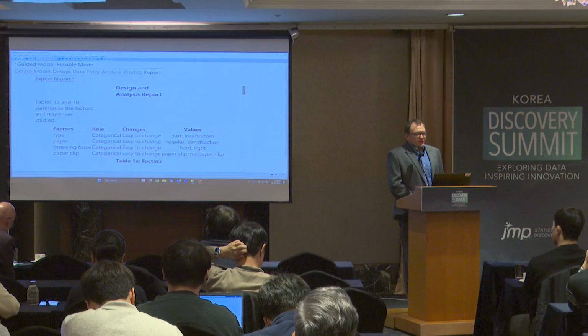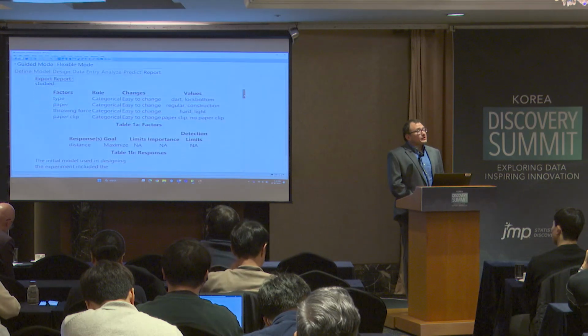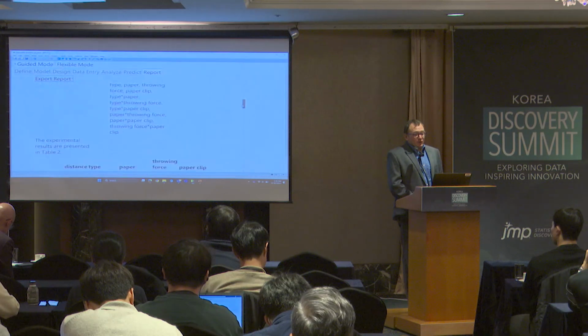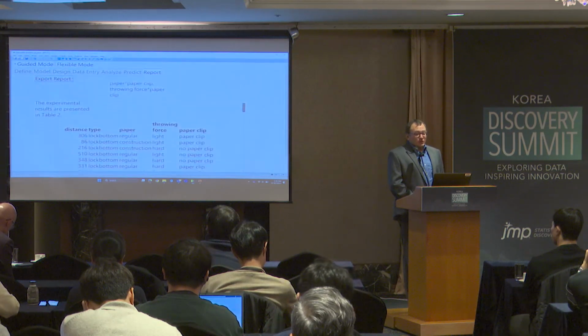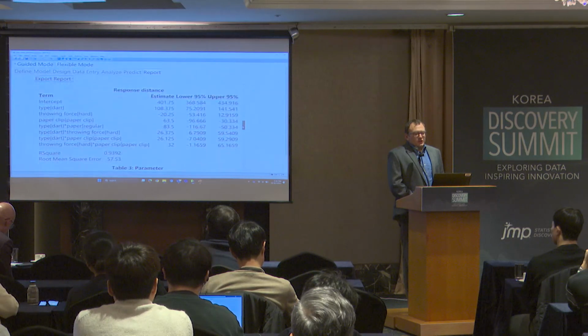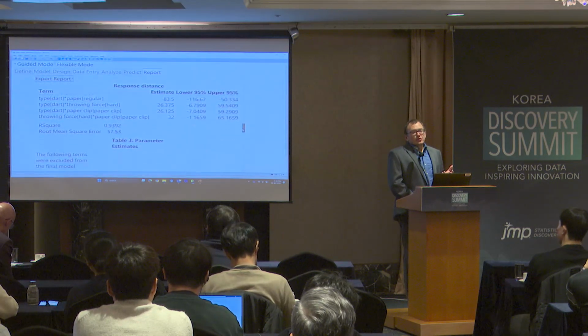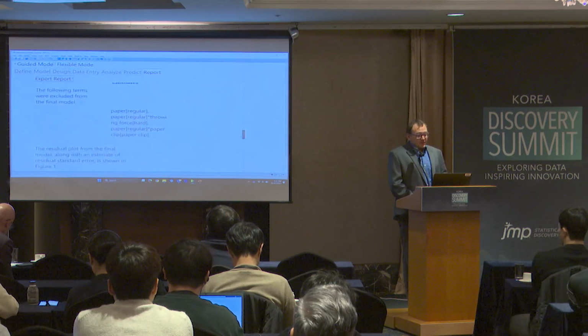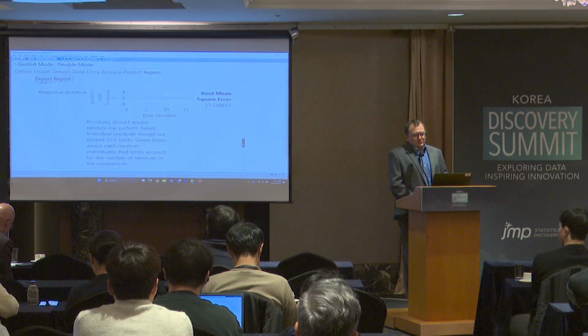In this report, it's going to talk about the different factors that were chosen, the response, and the different model terms that were in there. So you can see that this is kind of a summary of everything that was done, through all of the different steps in the DOE workflow.